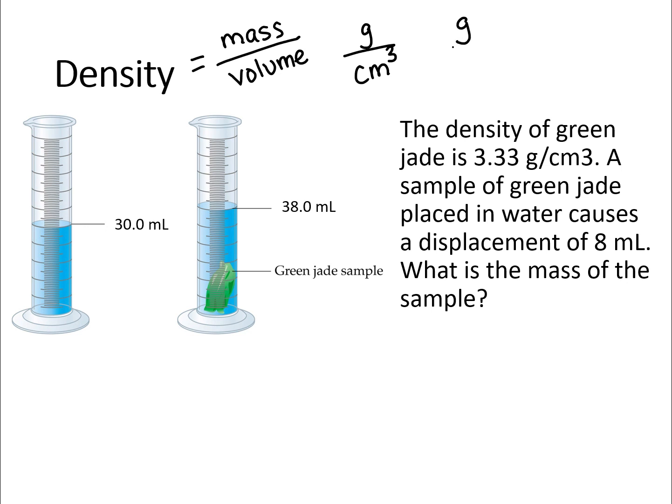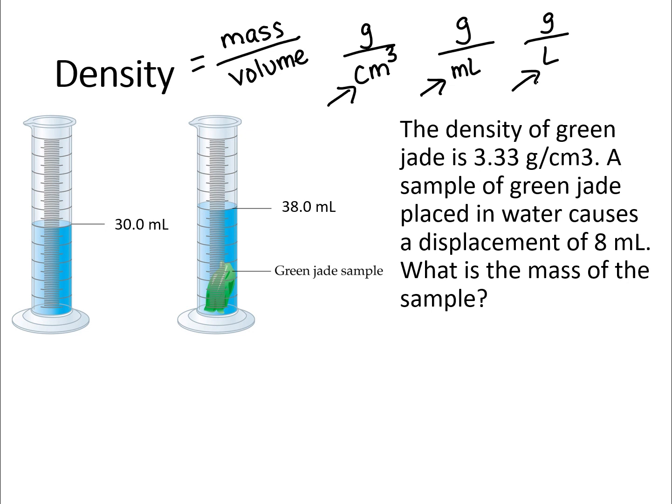And for liquids, it's going to look like grams per milliliter. And gases are different still, grams per liter. So those are just the different units that you're going to need to recognize as densities. Okay. And these units on the bottom are the various units you can have for volume.